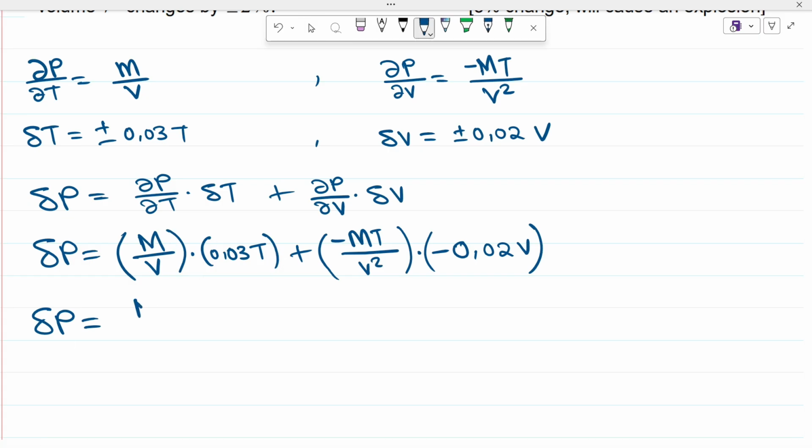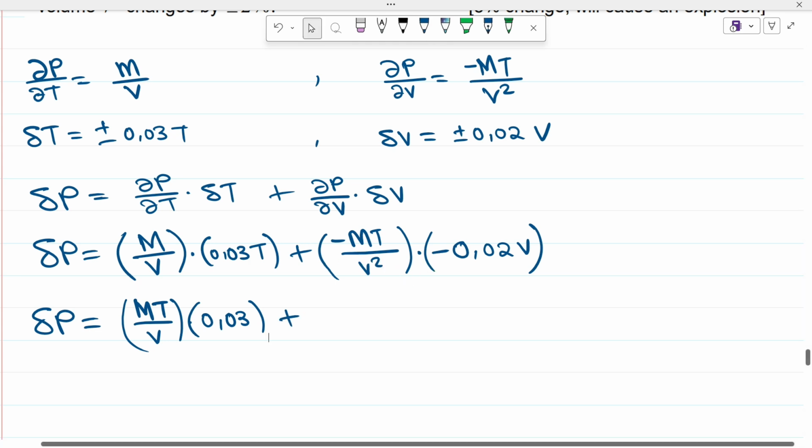We'll get mt divided by v multiplied by 0.03, and then this will be plus, because a negative and a negative form a positive.